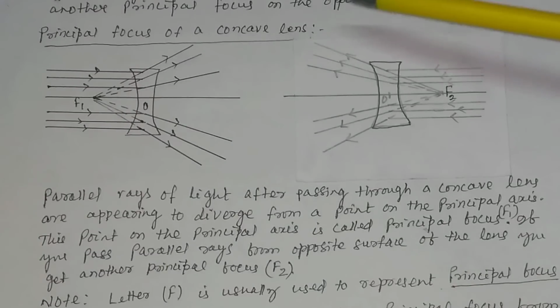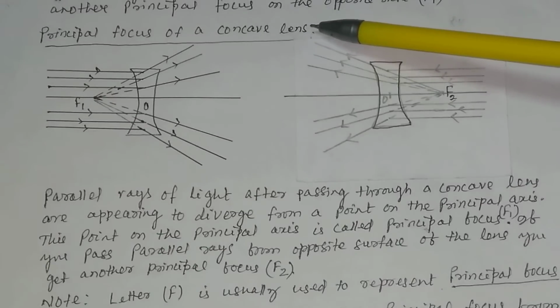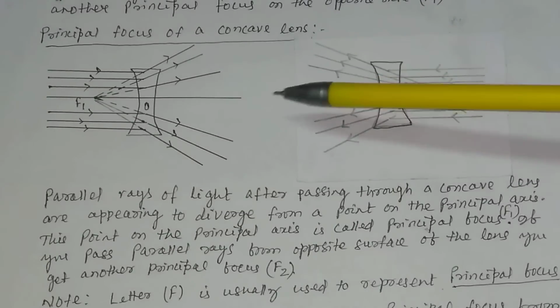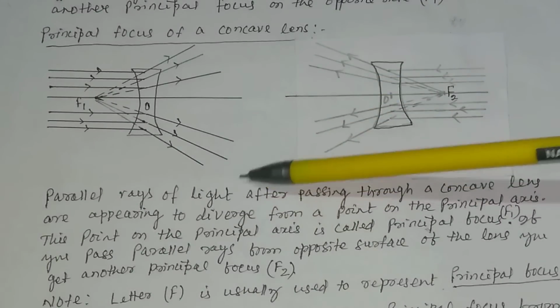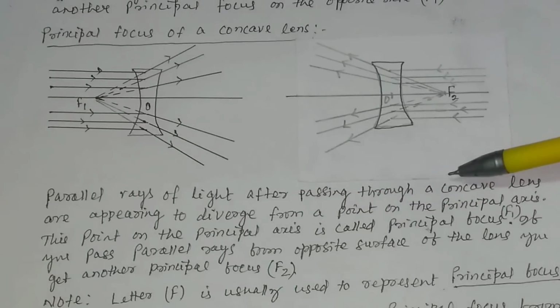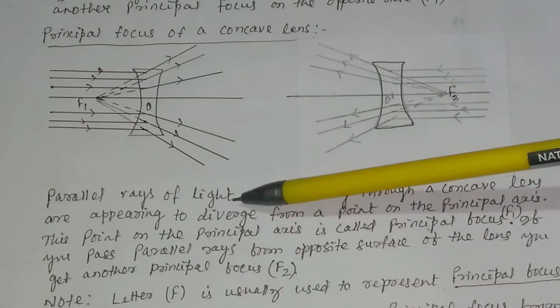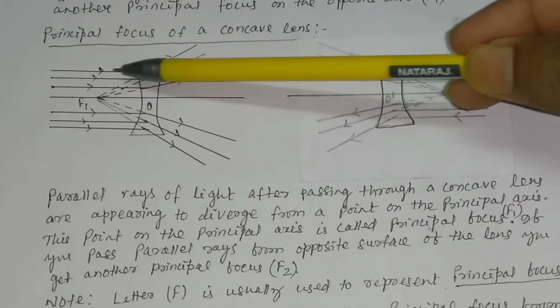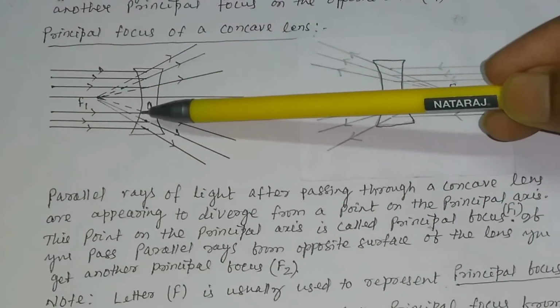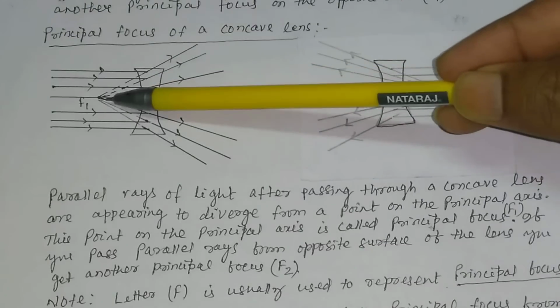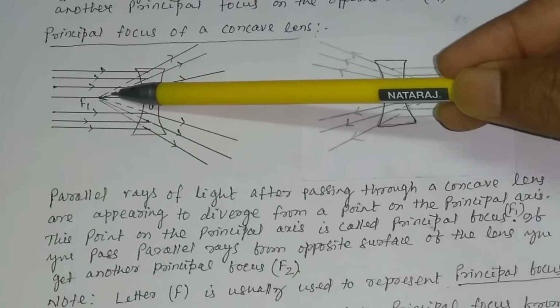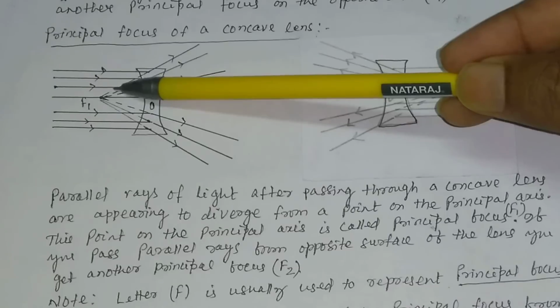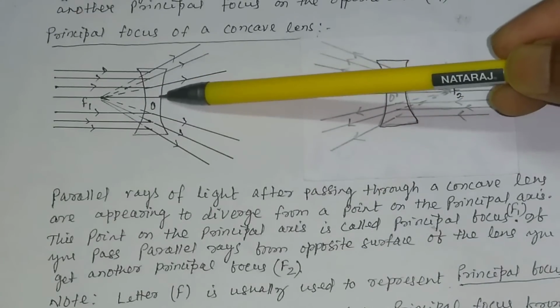Similarly, principal focus of a concave lens. What is the principal focus of a concave lens? Parallel rays of light after passing through a concave lens appear to diverge from a point on the principal axis. Parallel rays of light after passing through the concave lens appear to diverge from F1. So F1 is called the principal focus of this concave lens.